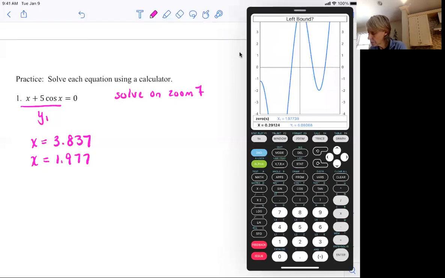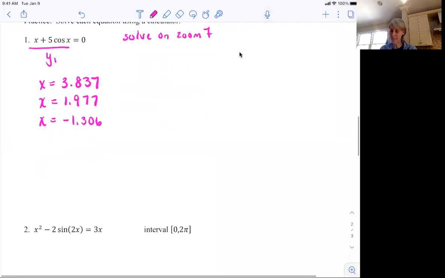And our last x-intercept is going to be negative 1.306. And that's really it.